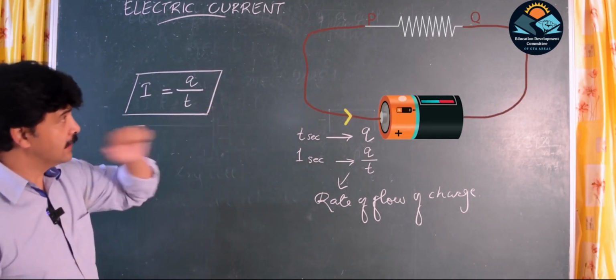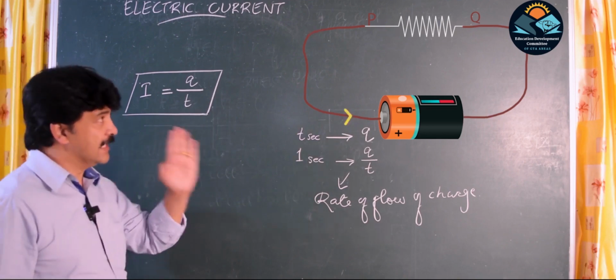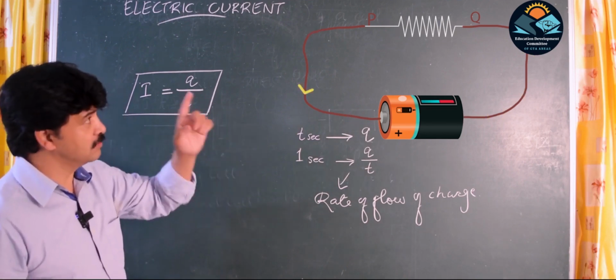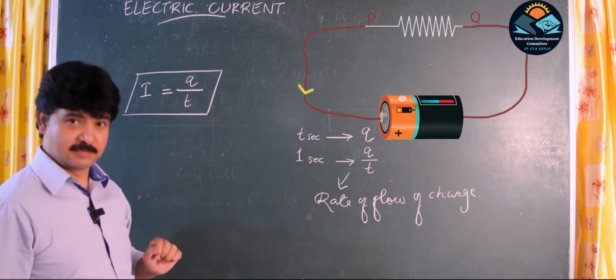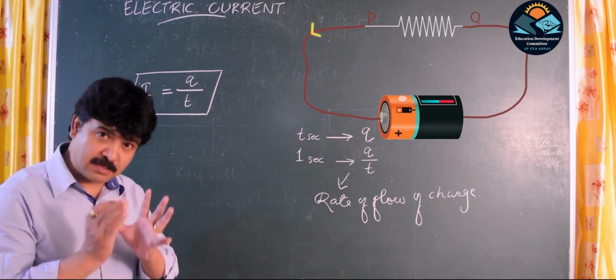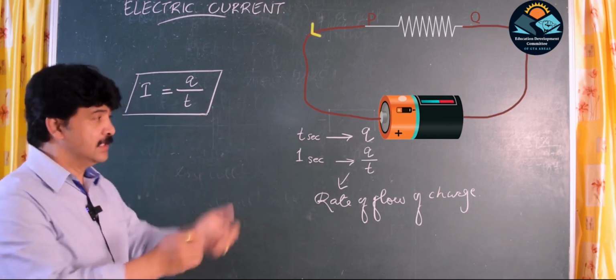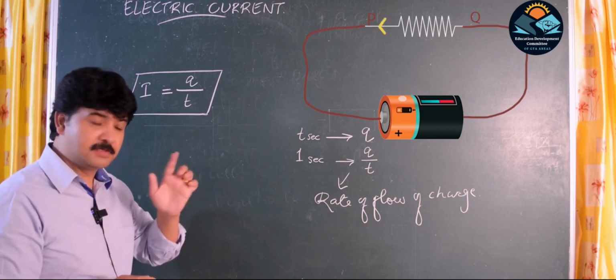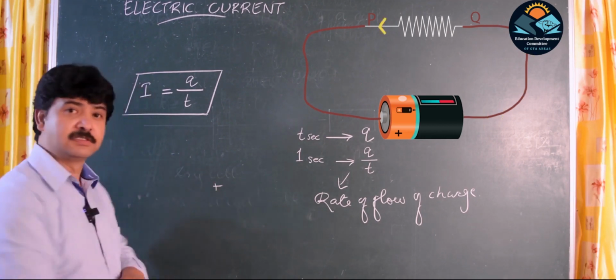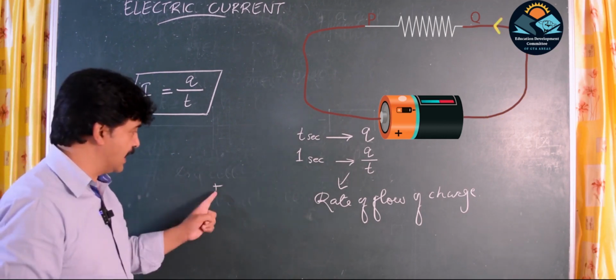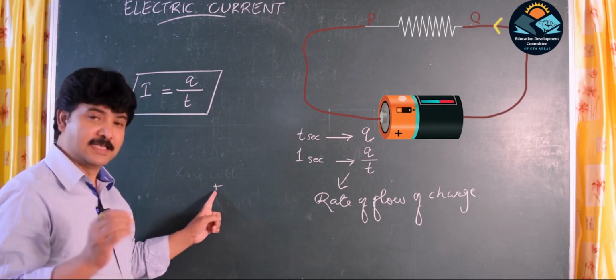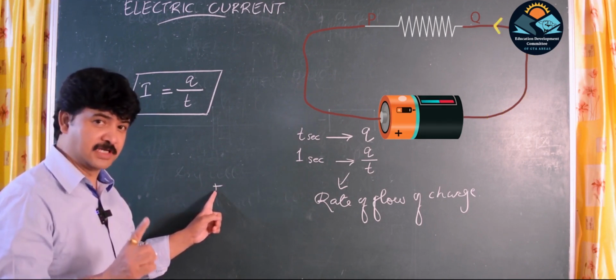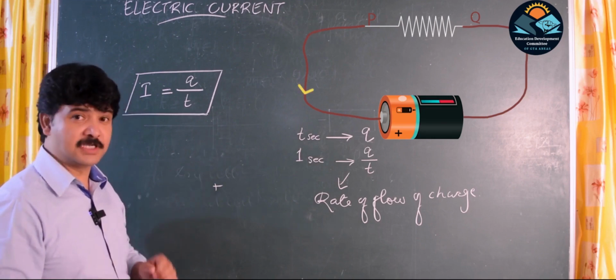Now in the diagram you can see electrons are flowing from Q to P, isn't it? But by convention, the direction of the positive charge is taken as the direction of electric current, not the negative charge. Electrons are negatively charged, isn't it?